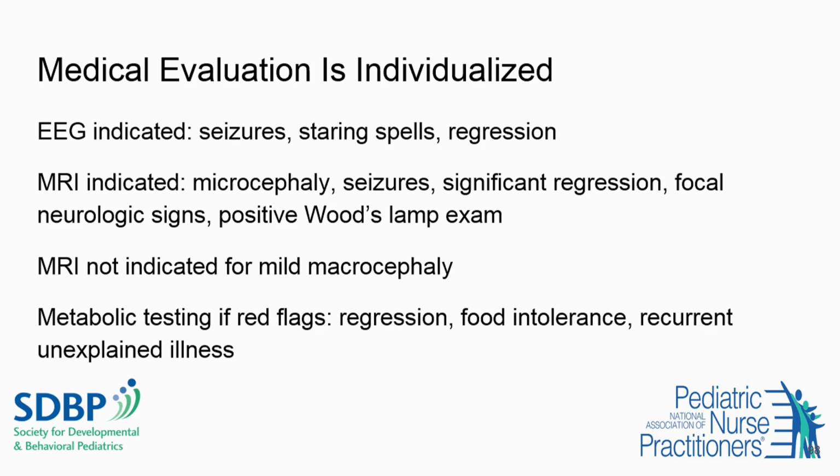But if there's a concern about seizures, staring spells, regression, any kind of really significant concern, then an EEG would be appropriate. MRI is indicated if the child has a very small head, if there's anything focal on your neurologic exam, history of seizures or regression, if your Woods lamp shows concern for tuberous sclerosis, these would all be appropriate indications for getting an MRI.